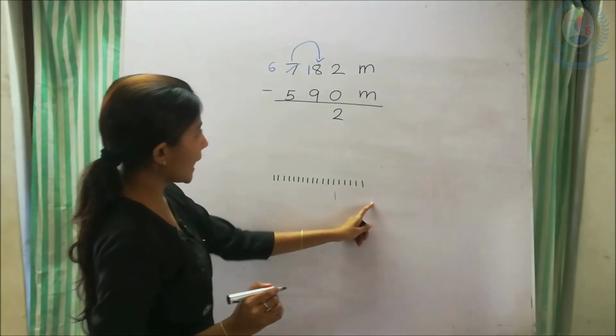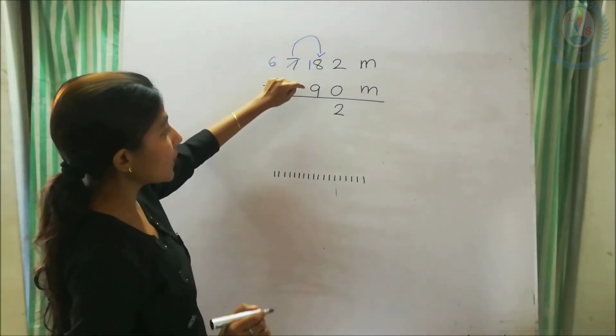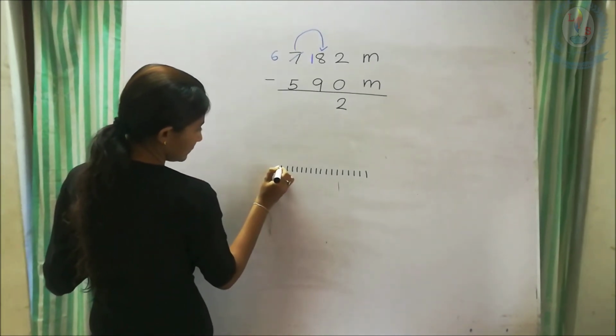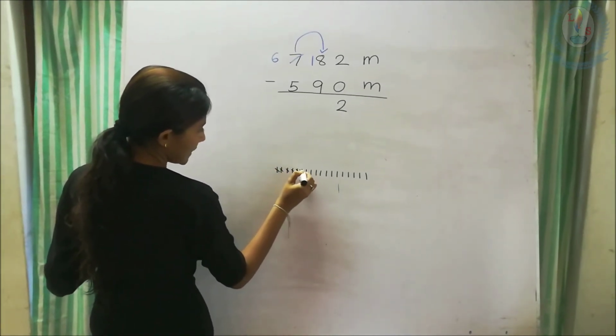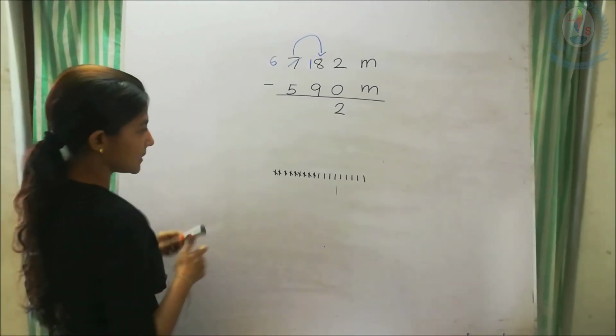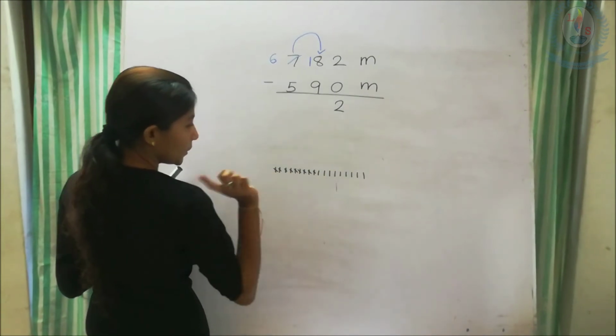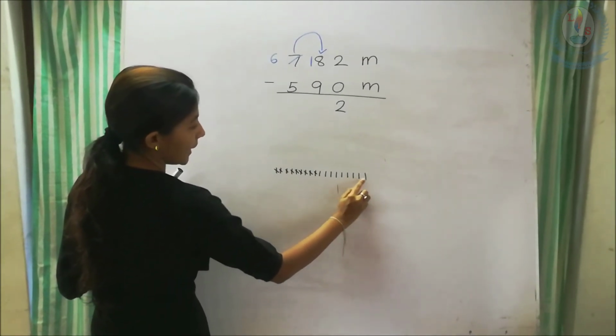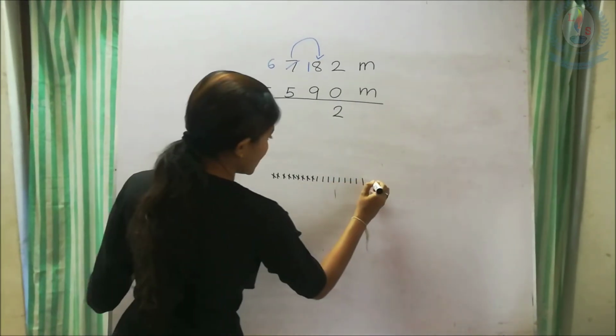Draw 18 lines and cut the amount you are subtracting. You have 9 there, then cut 9 lines. You have cut 9 lines. Then what is the remaining? You can count: 1, 2, 3, 4, 5, 6, 7, 8, 9. Then your answer is 9.